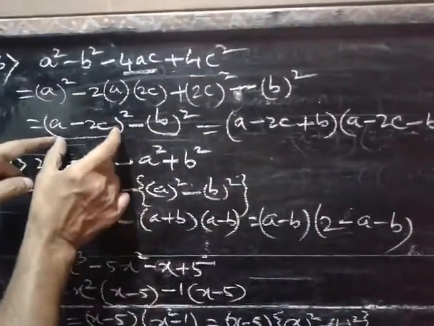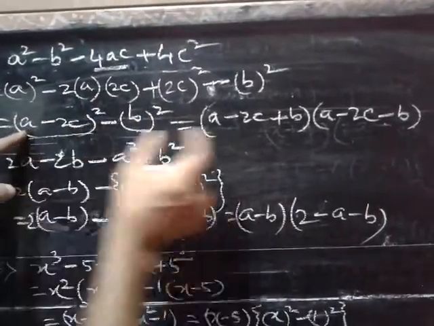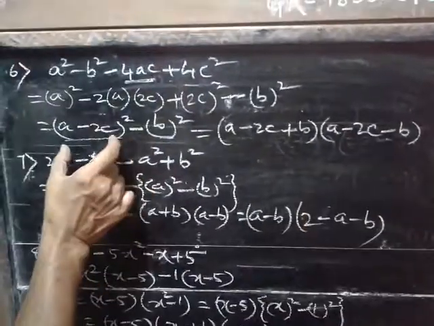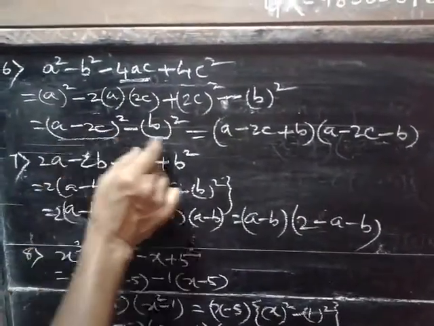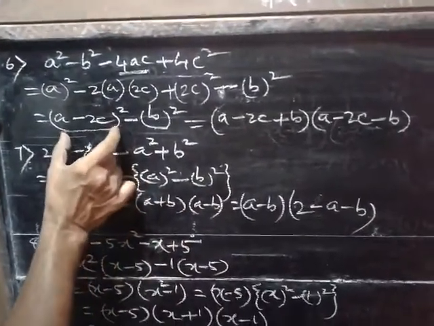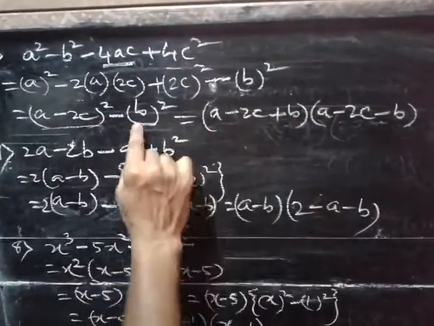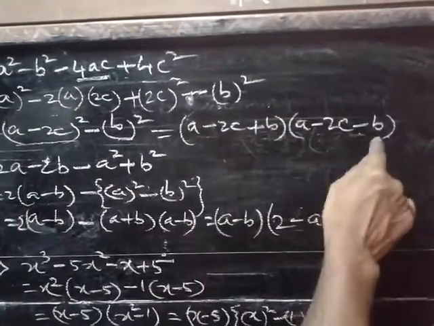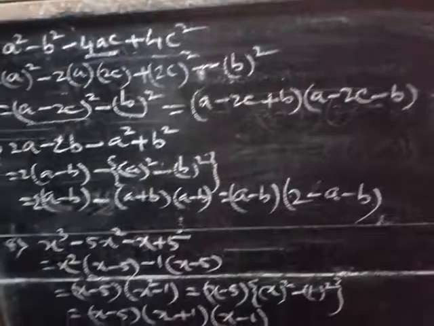So using the a square minus b square formula once again, taking a minus 2c as a and b as b, it is a minus 2c plus b into a minus 2c minus b. This is your answer.